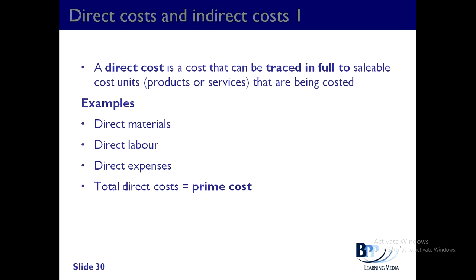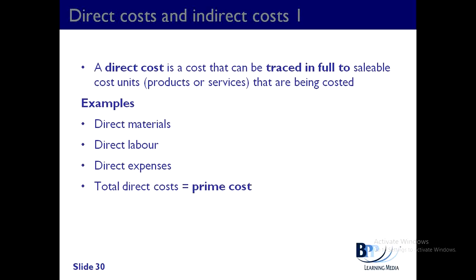This includes the material that is used to make a particular product. Labor, direct labor includes the labor cost for the people who are actually involved in making that product, excluding the supervisory labor costs, and of course other direct expenses that can be directly linked to a particular product.